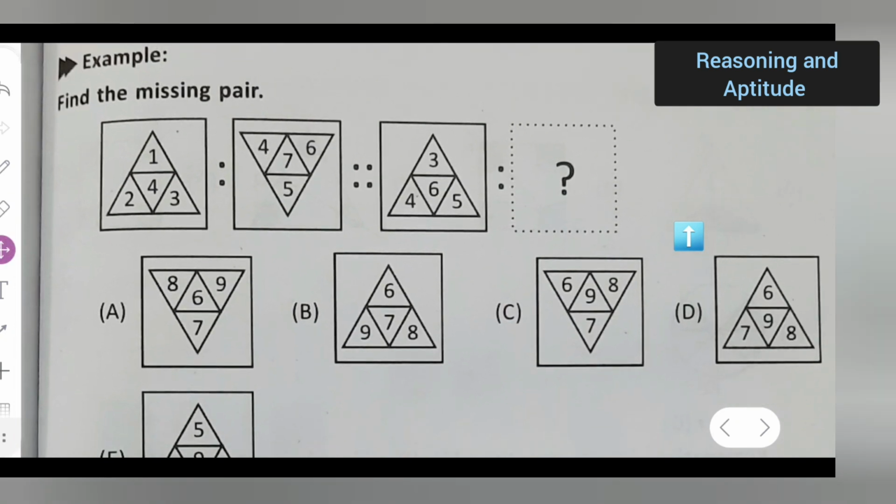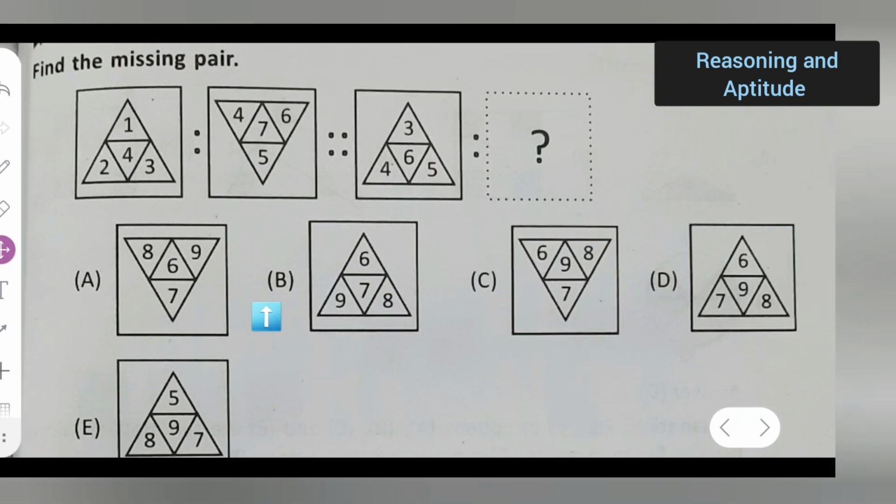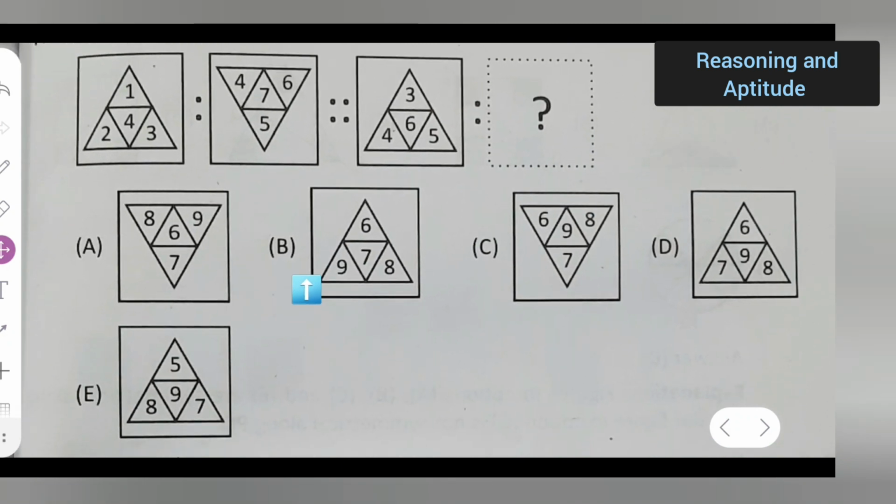How are we going to work out what the next one will be? Options are given to you. Option A, option B, option C, option D and option E. Which option do you think will be correct? Obviously, looking at this, you will come to know option C will be the correct option.